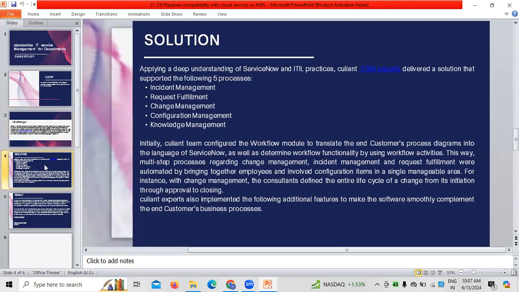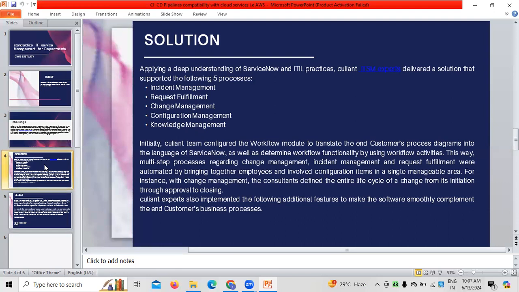Being a solution provider, we need to configure the workflow module so that the end-to-end process can be translated into ServiceNow, to determine the workflow functionality using different workflow activities, so that the multiple stepwise procedures for change management, incident management, request fulfillment and everything will be used in this regard.